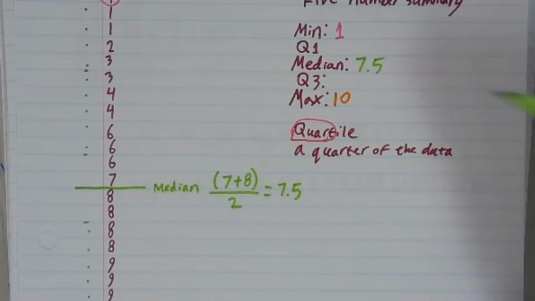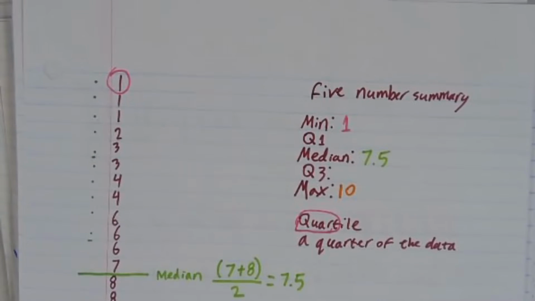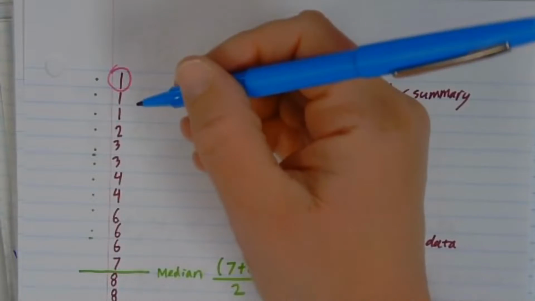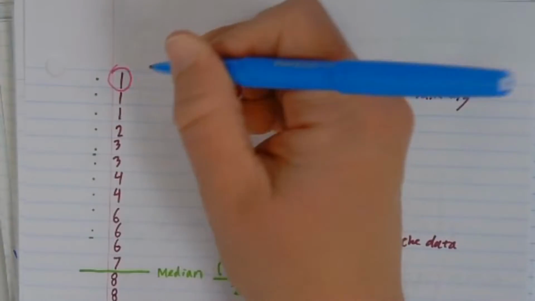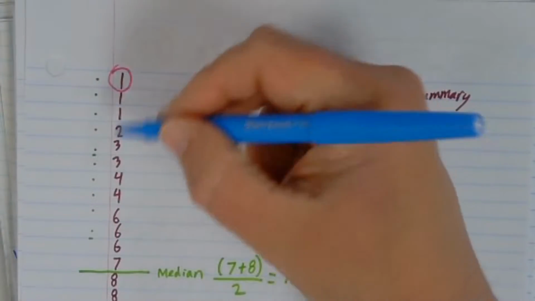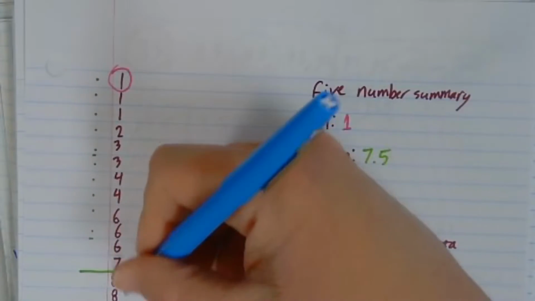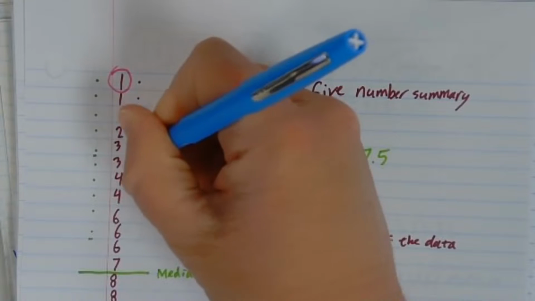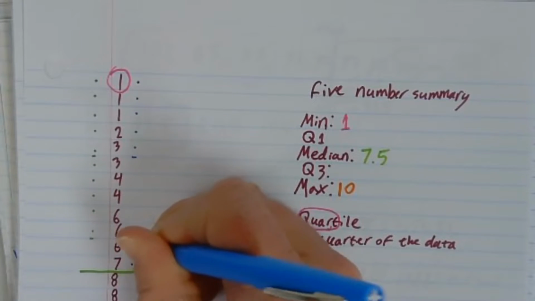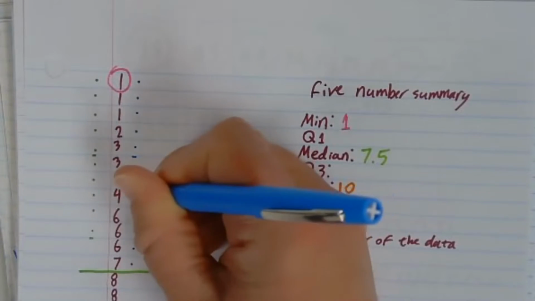Now I need to find those quartiles. So what I do to find a quartile is I ignore half of the data at a time. First, I'll focus on just this half of the data, and I need to find the middle of it. So I'll do a similar counting in strategy as I did before, but this time I'm counting from these places. 1, 2, 3, 4, 5. 1, 2, 3, 4, 5.